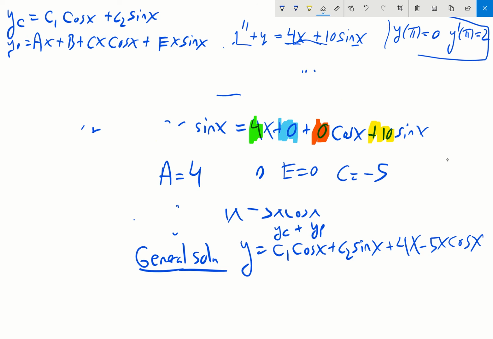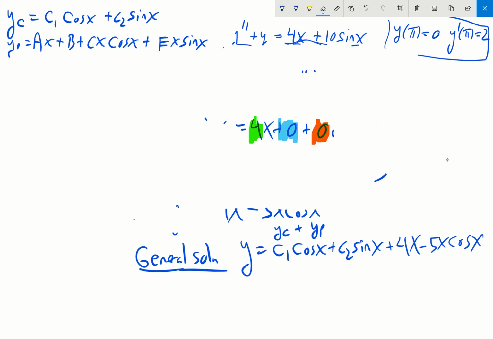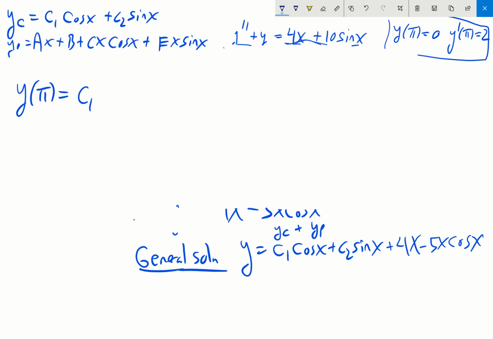One of the things we're told is that y of pi equals 0. So if we plug pi into our general solution, we get y of pi equals c1 times the cosine of pi plus c2 times the sine of pi plus 4 pi minus 5 pi cosine pi equals 0.